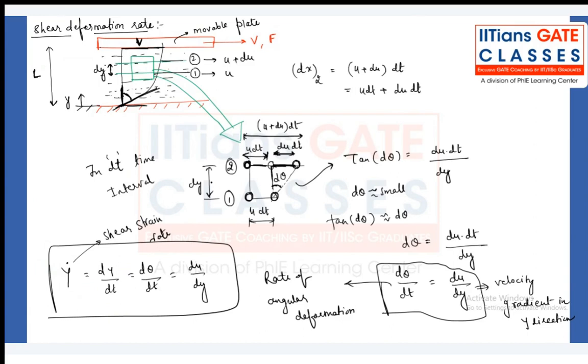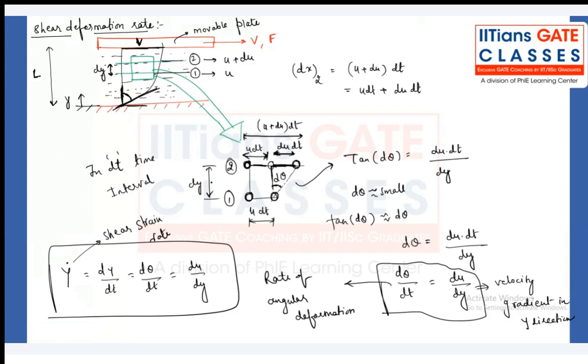If we take two fluid particles, two fluid layers, at a distance y from the fixed wall, with a gap of dy, then definitely there has to be some relative velocity. Because of that, some extra distance will be covered by the second layer as compared to the first layer. That extra distance is called du dt, and if I divide by dy, I get tan d theta.